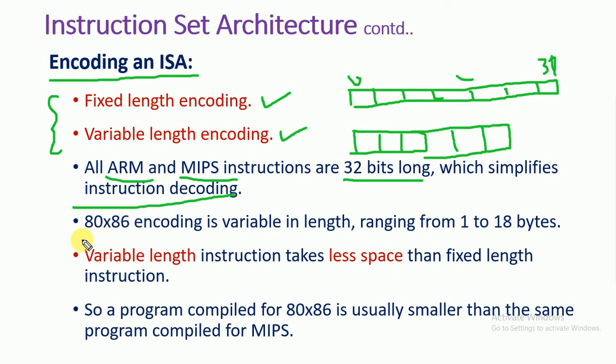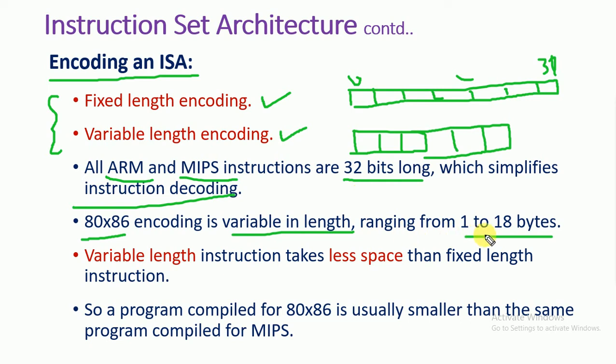But in the case of 80x86, the encoding is variable in length, ranging from 1 to 18 bytes. So the number of bytes is very large, so larger instructions can also be stored. But look here, in the case of MIPS we have only 32 bits, but here 1 to 18 bytes are available.